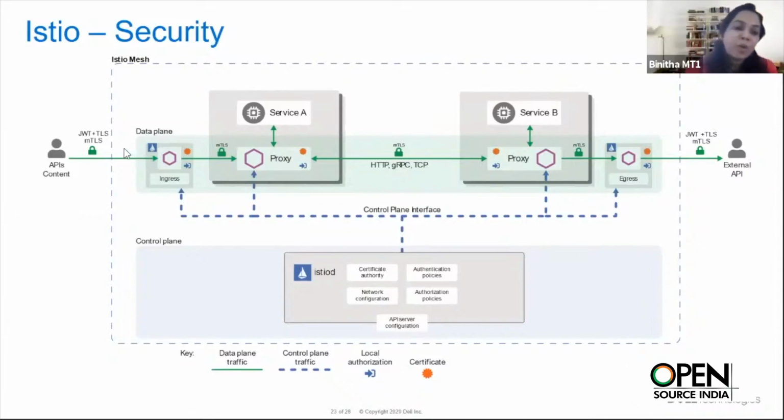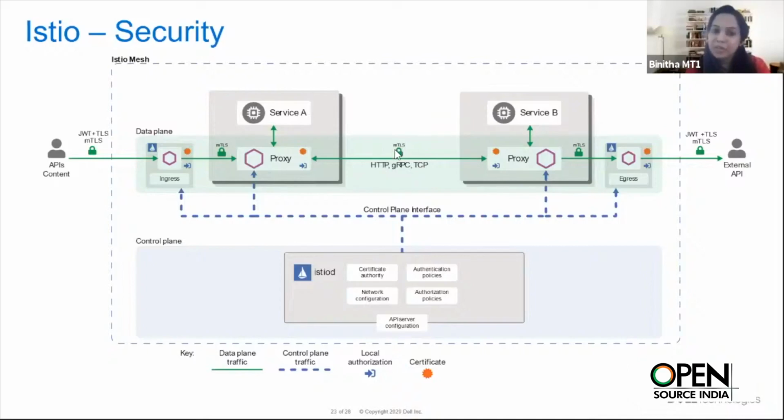Now you might be thinking, what exactly is JWT, TLS, mTLS? When I said that authorization is required, there are two types of authentication that are required. One is peer to peer, and the other is request authentication. When I say peer to peer, it is between two services running within your mesh. Any two services that need encrypted traffic, any request is fine, which includes HTTP, gRPC, or TCP.